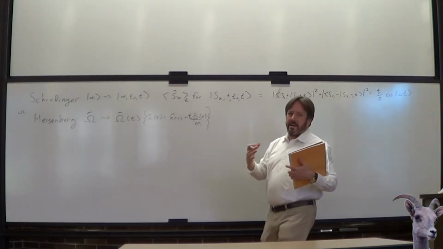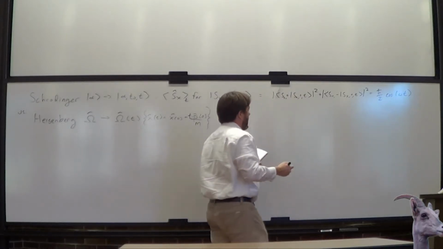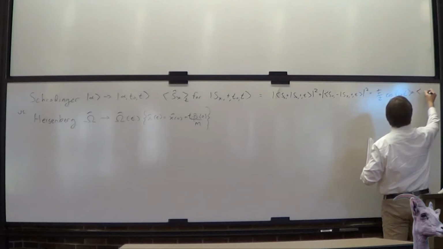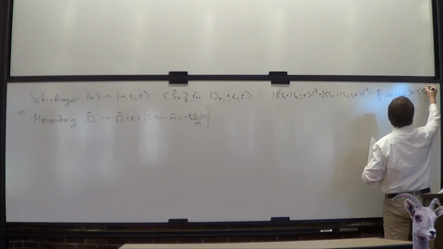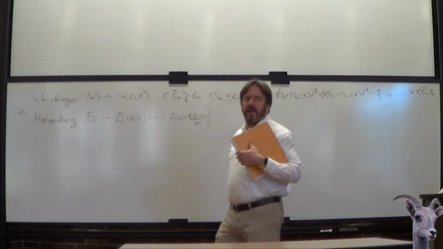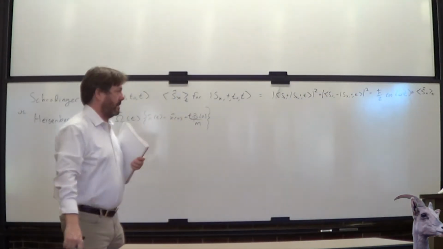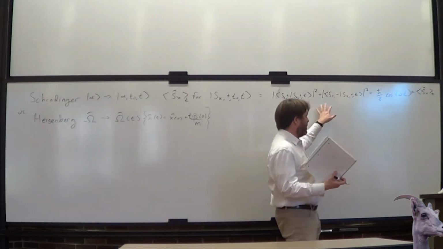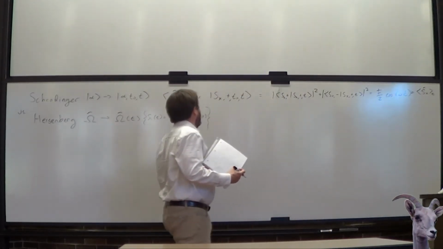Okay. Now, heads up. I just remind you again that this is the time-dependent expectation value of spin in the x direction. And again, I kind of butchered this, but that was the result.